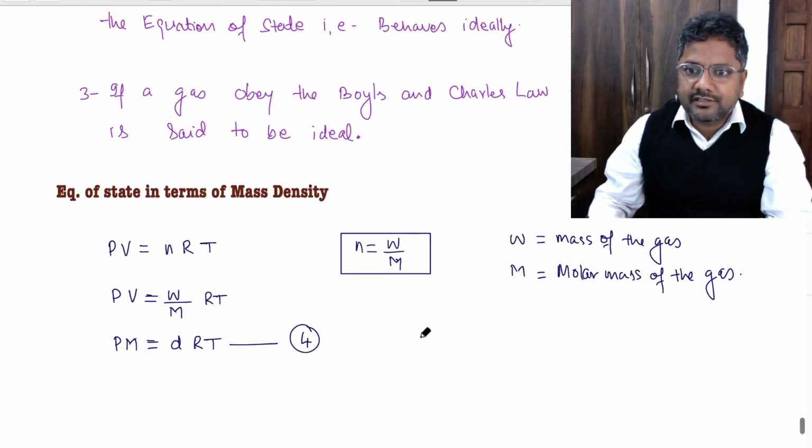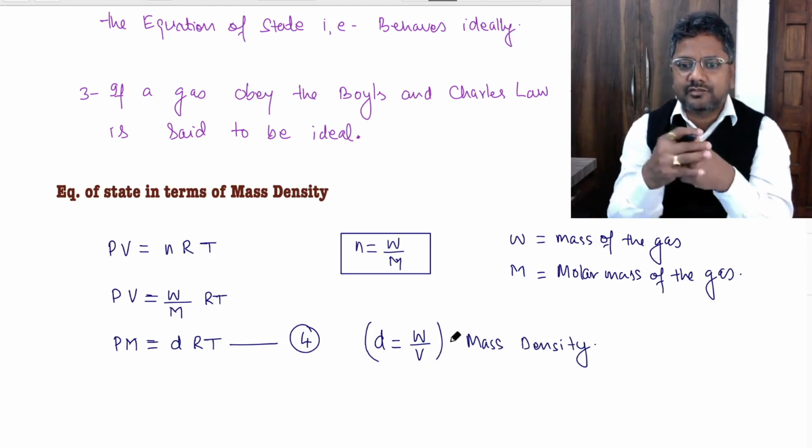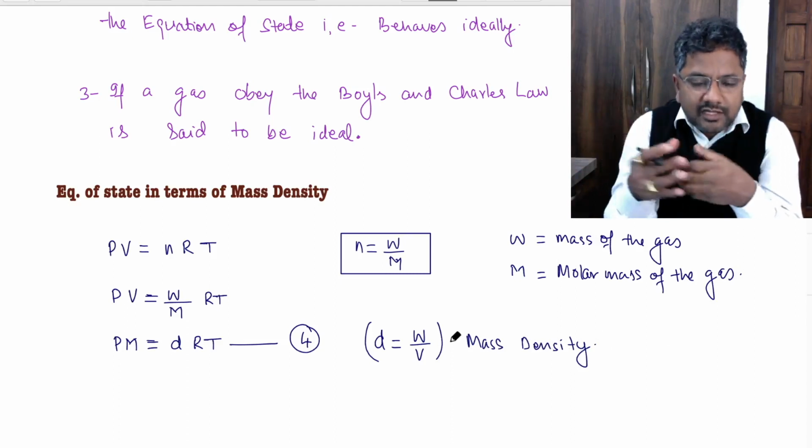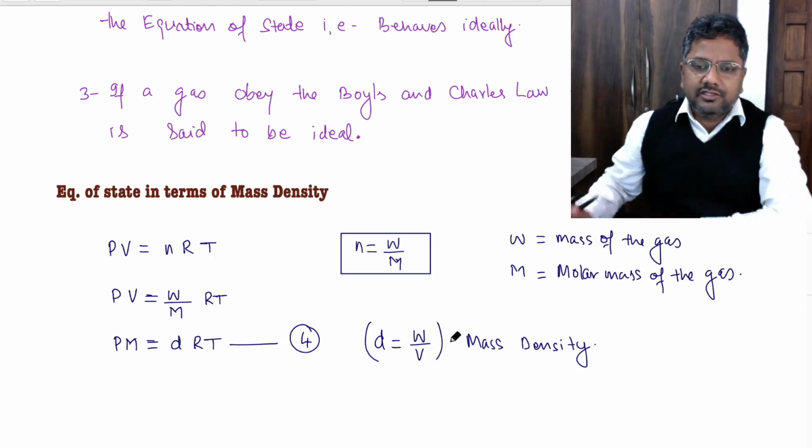Where d is equal to W by V, and it is called mass density. Units could be grams per liter or grams per ml, so as per the requirement, you can interconvert the units.